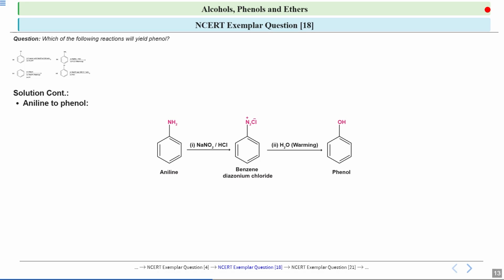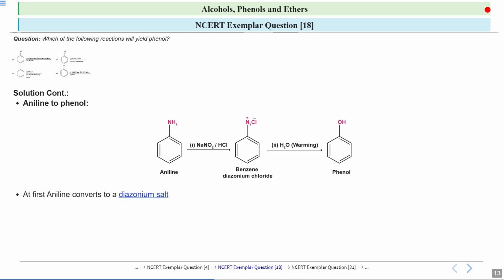So here diazotization is happening, and this process takes place at low temperature, that is 0 degrees Celsius to 5 degrees Celsius. Your aniline is getting converted to benzene diazonium chloride, and when you treat it with warm H2O, you get phenol.